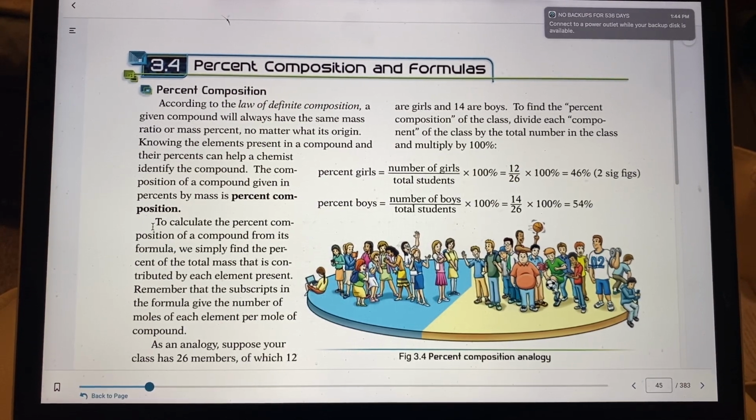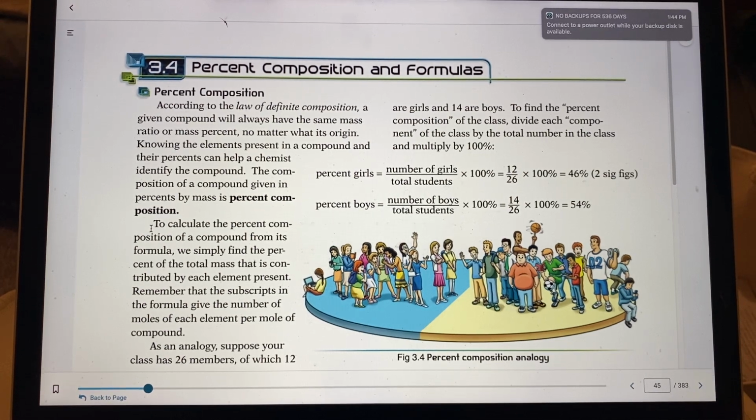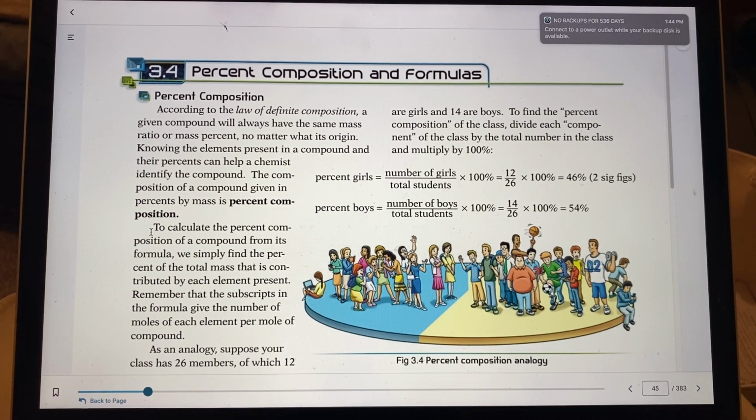So it's the definite ratio, the law of definite composition. A given compound will always have the same mass ratio or mass percent no matter what its origin is, and this is what helps identify the compound.